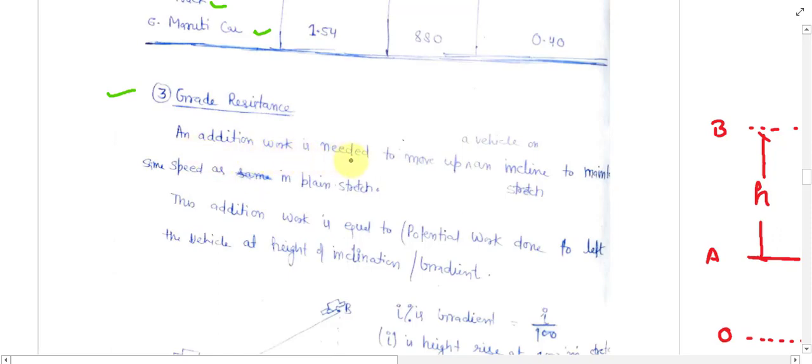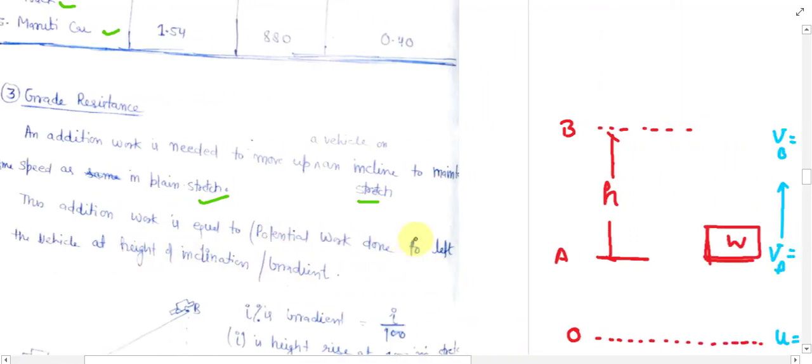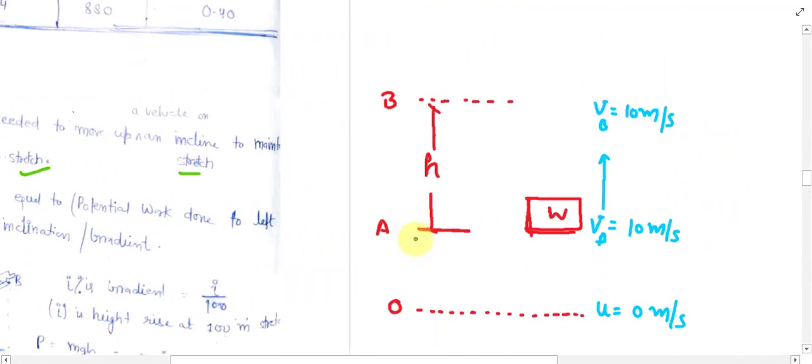An additional work is needed to move a vehicle up an inclined section to maintain the same speed as in a plane stretch. This additional work is equal to the potential work to lift the vehicle to the height of inclination. In simple words, let's take an example.